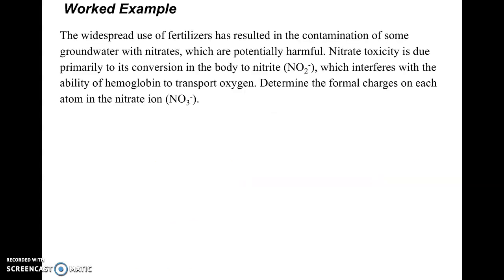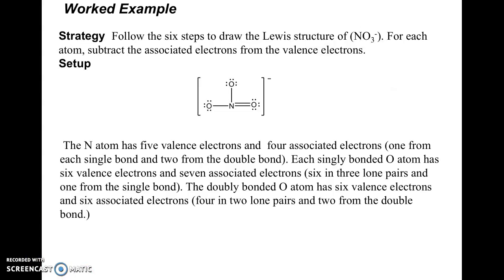Here's an example of looking at the nitrate ion. This little discussion is talking about how the body can take nitrate and convert it to nitrite, and this interferes with the ability of hemoglobin to transport oxygen, which is extremely important for continuation of life.